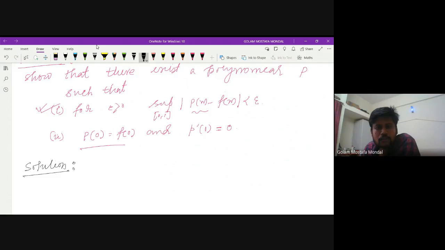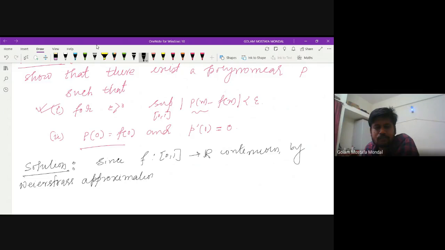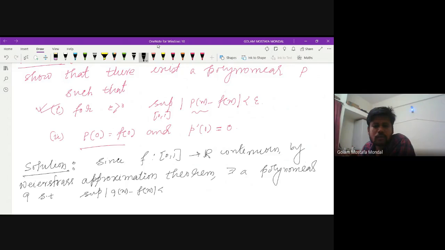So since f is continuous, by Weierstrass approximation theorem, there exists a polynomial Q such that supremum of Qx minus Fx is less than epsilon by 2.